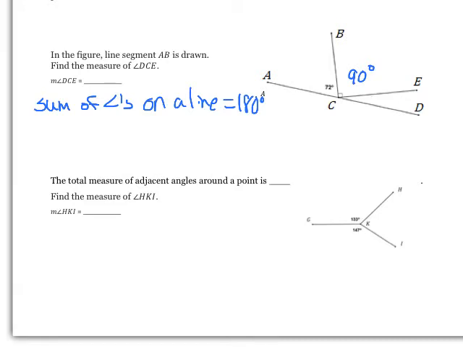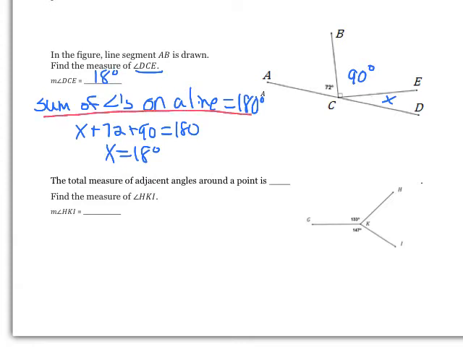So if this is going to be x, then x plus 72 plus 90 is equal to 180. When you subtract the 72 and the 90, you end up with x is 18. Double checking, that's what we want. So the measure of DCE is 18 degrees, and our justification is the fact that the sum of the angles on a line equals 180.